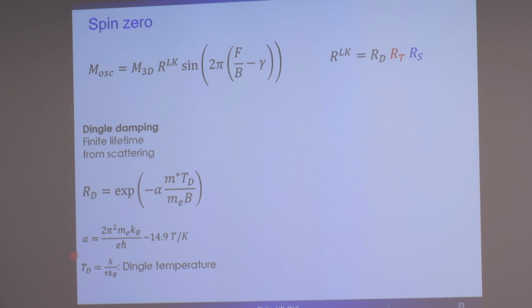This is why they translated this into an effective temperature that is even present at T equals 0, and it comes from the fact that, okay, this is now very small, but there's a finite lifetime of this state, so there's the tau in here. This is just scattering. The cleaner your system is, so then tau becomes very long, the Dingle temperature goes to 0. Okay, this is a question of dirt. But all that dirt does is, since this is a real prefactor, it only dampens. So, to see quantum oscillations, you need to be clean.